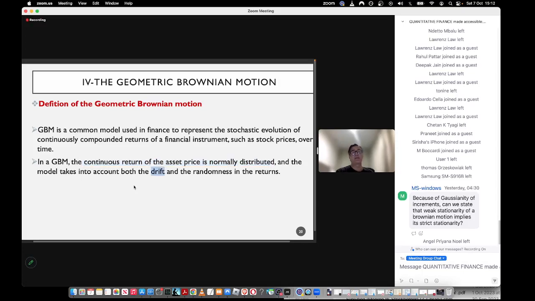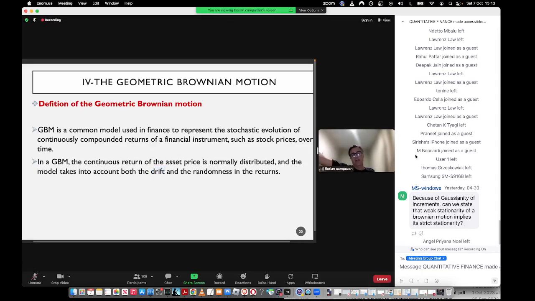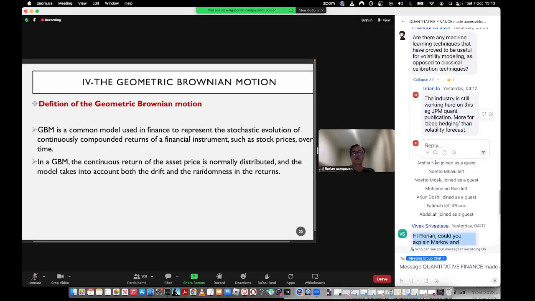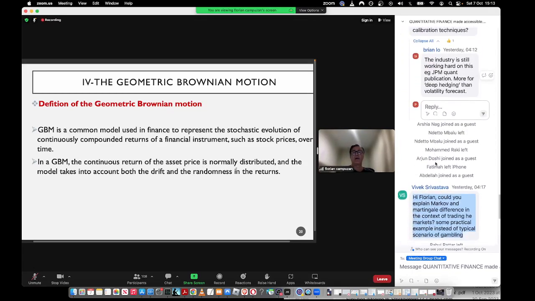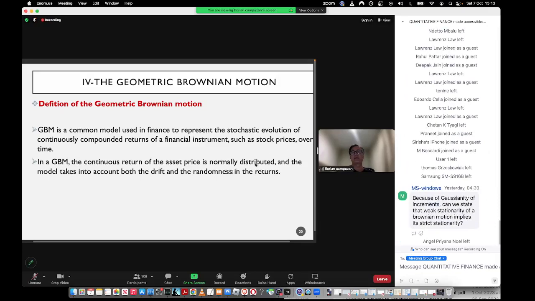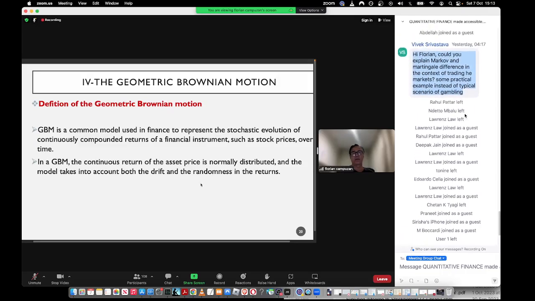The drift is the deterministic part, the expected return of your stock, which is supposed not to change, to be fixed on a given horizon, for example. And the randomness in the return, which is the volatility, which is assumed to be constant, like in the Black-Scholes model. So it doesn't change, but it's multiplied by this dW term, which is the Wiener process, our stochastic process.